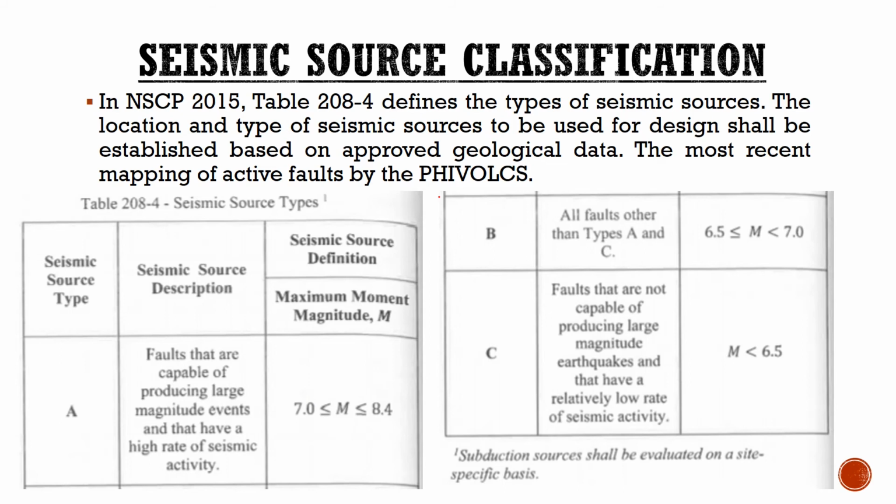Problema na lang is unsaon pag locate. Pero sige lang, kay katong mga active faults is dili expected na mag less than 6 ang magnitude. So that is either A or B ang pag-classify nato.